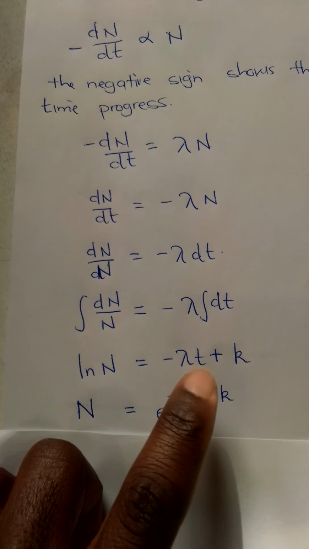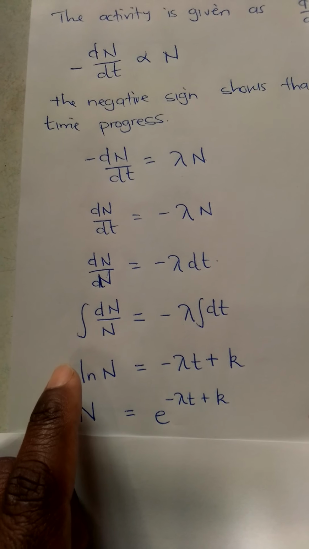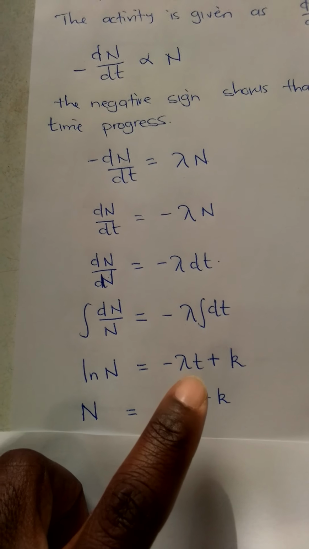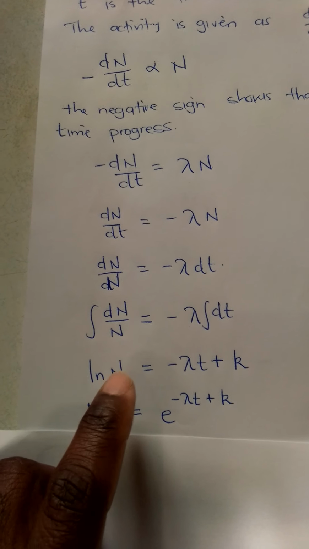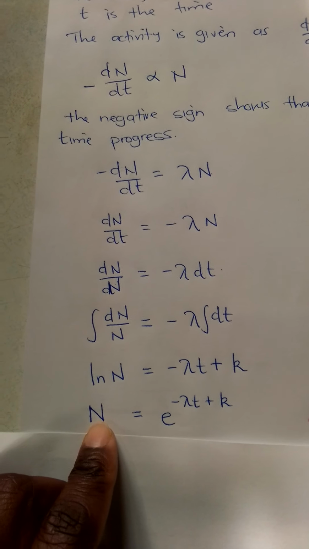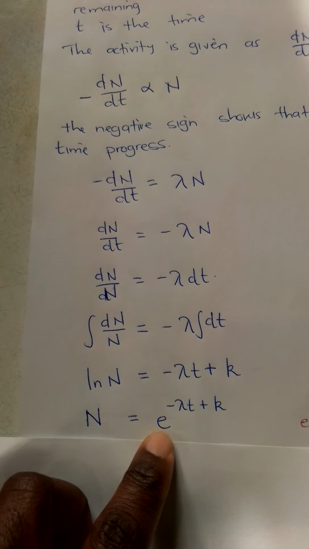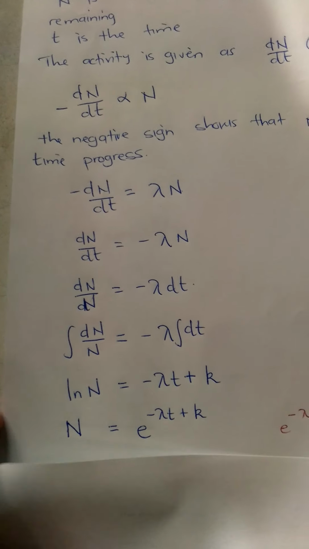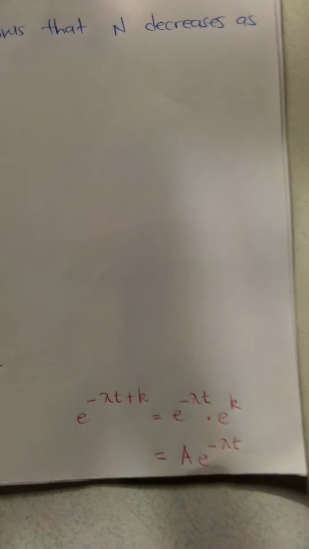This is the power there because I took antilogarithms of both sides with base e. So the antilogarithm of ln N base e is actually N, and the antilogarithm base e of the right side is e to the power of that.